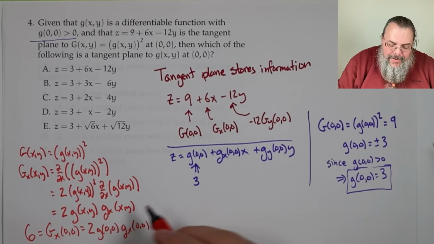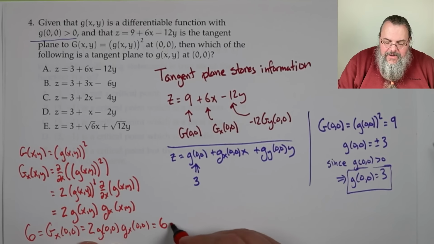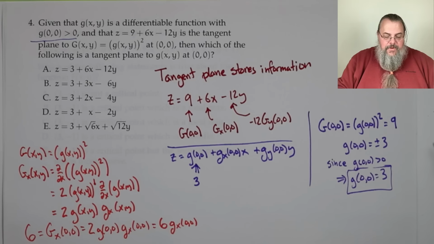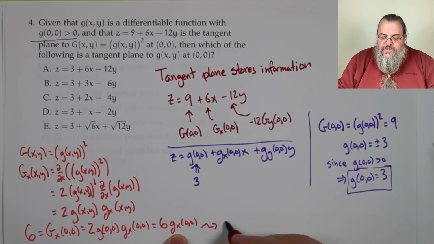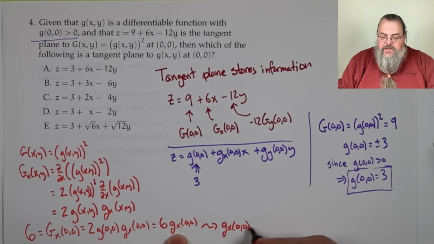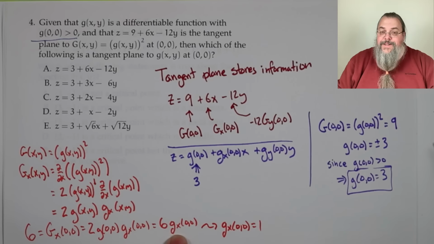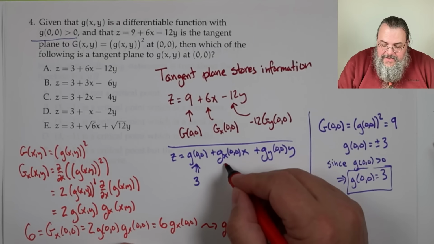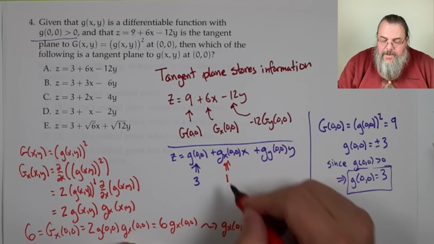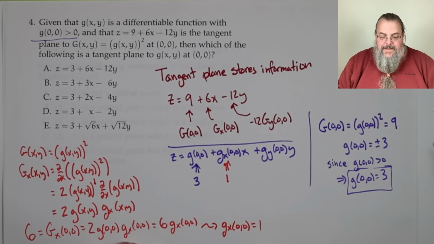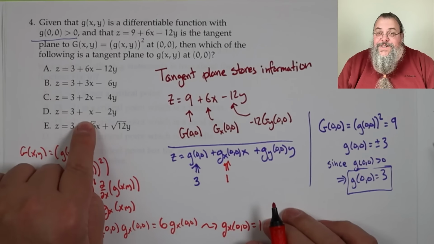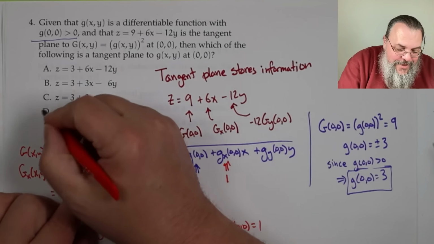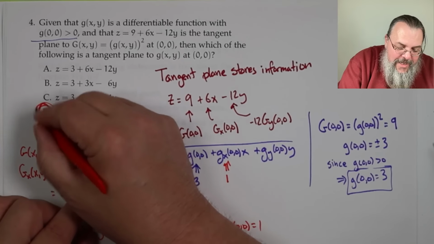And 2 times 3 is 6. So that's 6 times g sub x at 0, 0. Well, 6 equals 6 times what we're looking for, so g sub x at 0, 0 is equal to 1. So that says this part is a 1. All right, what has a coefficient of 1? Just the single option. So we now know the answer is D.